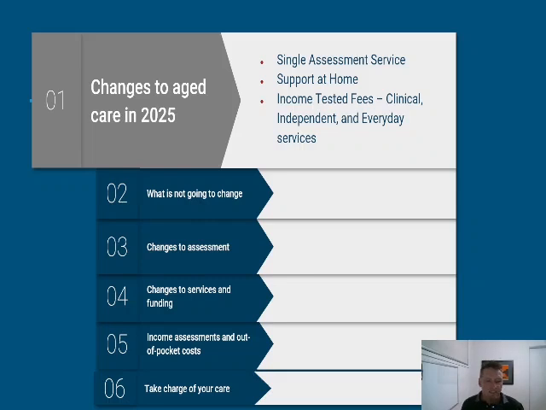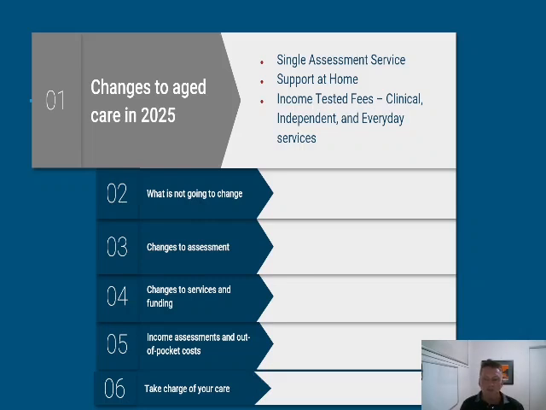So the next section is the home care program itself, which is changing from July 2025, and in my opinion, this is going to be a larger change for you and your parents needing care compared to the assessment changes. The new program will be called Support at Home, and will have a few key differences to the home care package program. The key changes are there's going to be 8 levels of funding instead of 4.